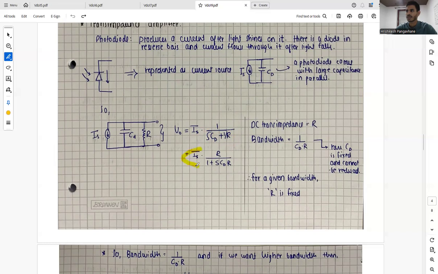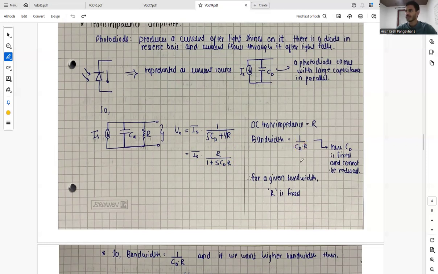So basically V naught will be IS times R divided by (1 plus SCD R), and from this our DC transimpedance comes out to be just R, and our pole lies at 1 upon RCD.